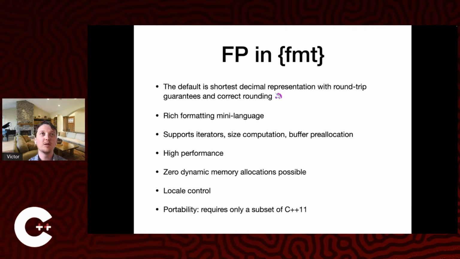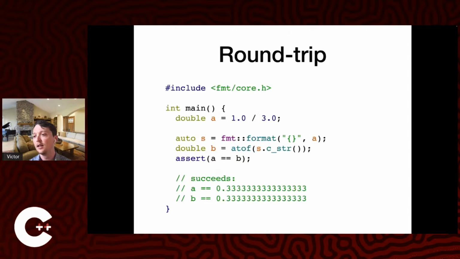It is possible to completely avoid dynamic memory allocations for common floating point formats. It has locale control, with the default being locale independent. It's portable, requiring only a subset of C++11, unlike, for example, to_chars, which requires C++17 and is not even available on most implementations of standard libraries.